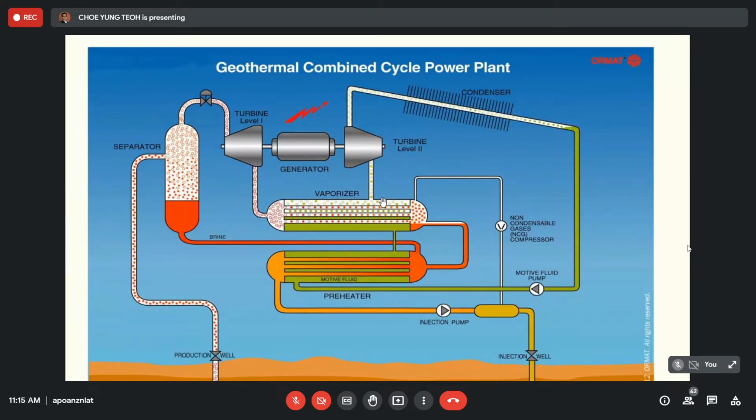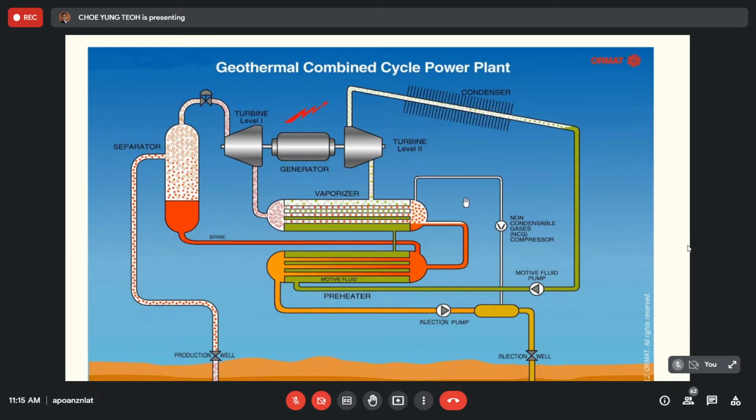After the secondary fluid runs the turbine, it has lower temperature and pressure. You have to condense it back into liquid form, and then you can reuse this liquid for the next cycle. The special part of this is that there are non-condensable gases. Of course, you can release these gases to the environment, but some of them, not to say toxic, up to toxic level, are greenhouse gases, such as carbon dioxide, and some of them are nitrogen.